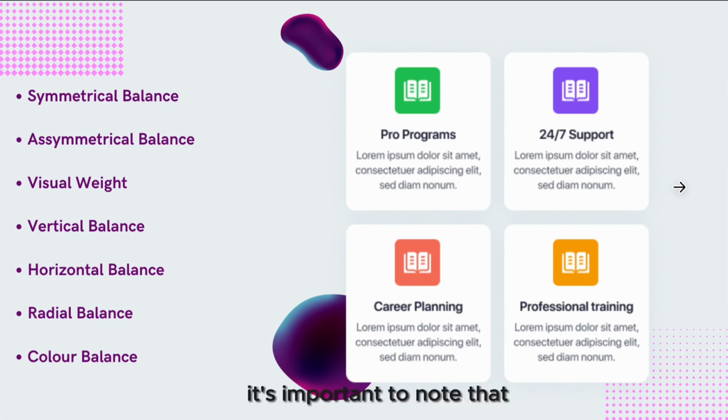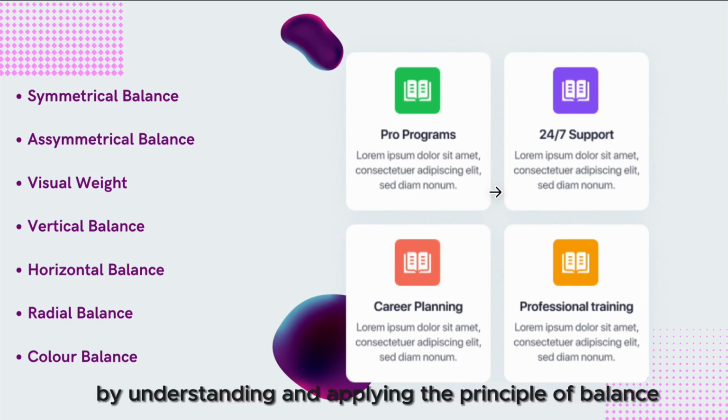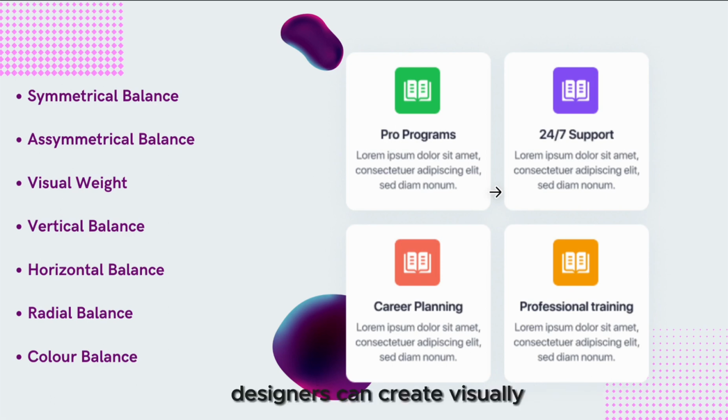It's important to note that balance does not necessarily mean symmetry. Symmetrical, asymmetrical, visual, vertical, horizontal, radial, and color balance can achieve a balanced composition when done effectively. By understanding and applying the principle of balance, designers can create visually pleasing and harmonious designs that captivate and engage the users.